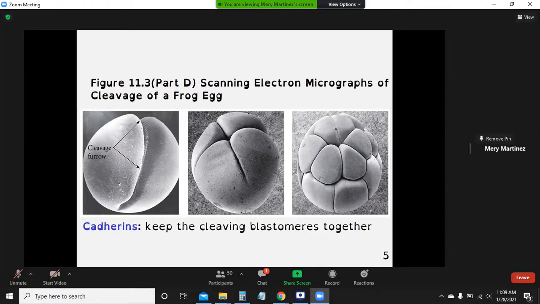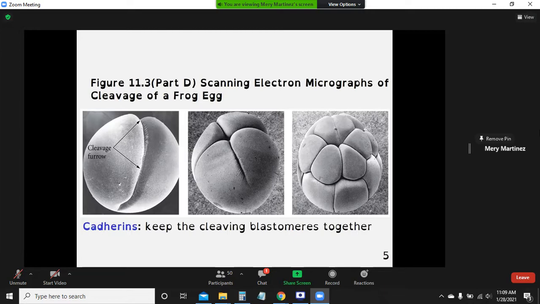The second division begins before the first one is completed. So here, that's what happens in there. The third is equatorial displaced. And this unequal holoblastic cleavage established 2 major embryonic divisions. So the rapid cleavage in the animal pole forms the micromeres, and the vegetal pole, the macromeres.